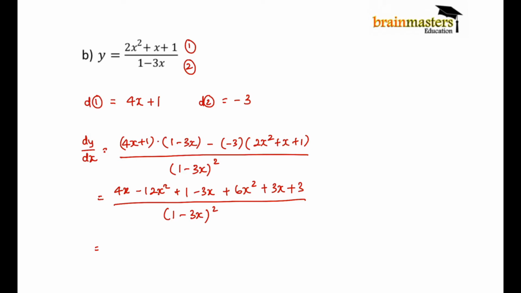My x squared, I'll have negative 6x squared plus 4x plus 1. Alright, so this will be my answer. If in the denominator you want to factorize out 2, it doesn't matter, up to you. If you want to do it, no problem.